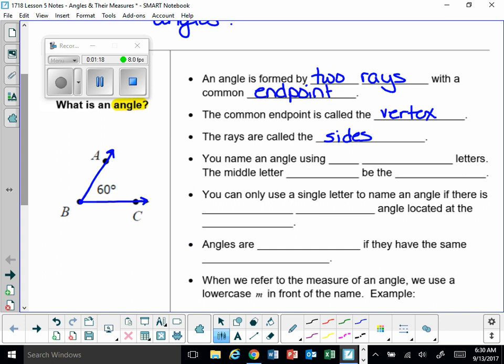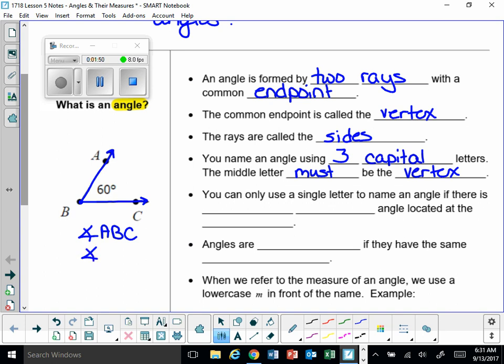You name an angle using 3 capital letters. The middle letter must be the vertex. For a second there, I couldn't remember what I wanted in the blanks. So if I look at this example over here on the left, I use a little baby angle symbol, angle ABC.